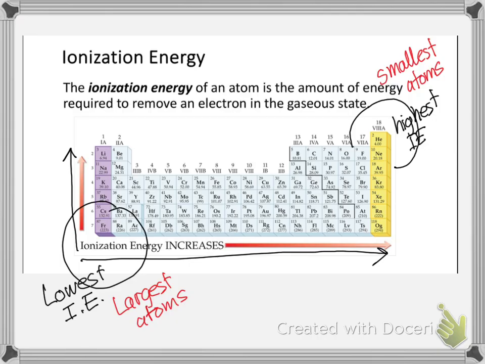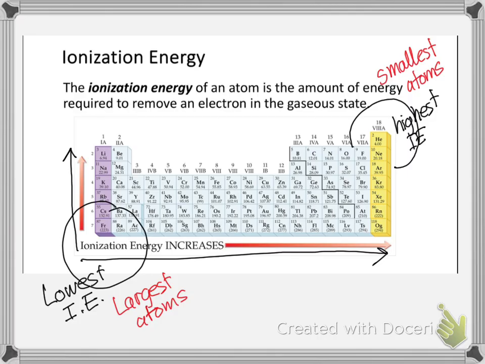So the distance between the positive nucleus and the outside electron is less than if you go to a large atom. Imagine in your head a big atom. That distance between the nucleus and the outside electron is greater. Now, ionization energy is how much energy it takes to take away that one electron.